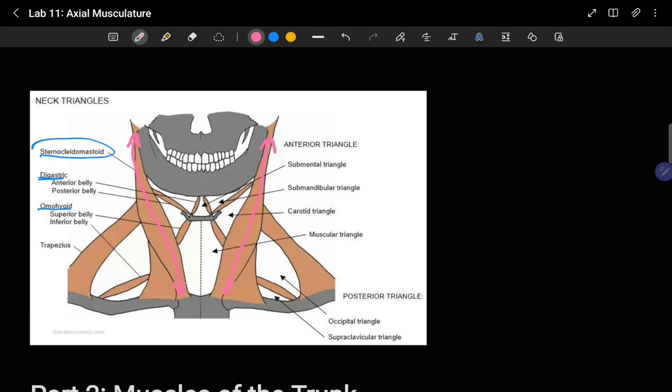And so within here, if we take out all the other muscles, we'll be left with these two bellied muscles. So the digastric was part of that suprahyoid muscle group. It's got one head here and then a second head slinging around. And then our omohyoid is that one with a more superior belly here, and then a more inferior belly going towards the shoulder region. So just a different perspective to help you start figuring out these muscles.